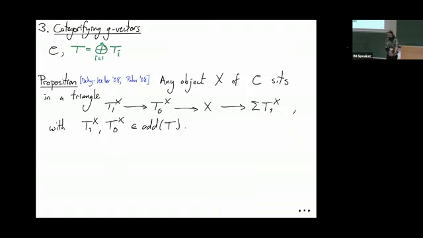If you have such a category as before, any object X sits in a nice triangle like this, where the first two terms are direct sums of direct summands of T. A way to phrase this would be that any object is presented by add T. If you're used to representation theory, you can think of these objects in add T as projective modules, and saying that any object has a quote unquote finitely generated presentation by these projectives.